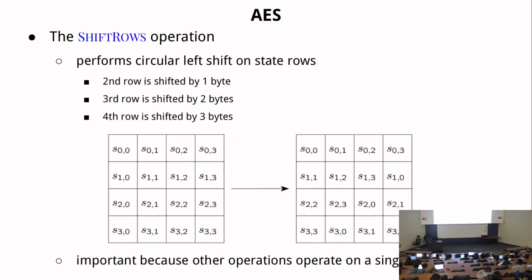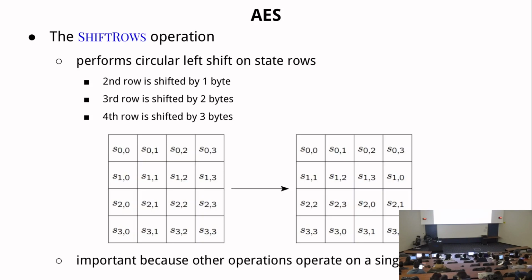What is different from DES is that AES has this shift rows operation. So let's say this is the input of shift rows. We have the 4x4 matrix here. In the first row, we're not going to shift anything. The second row, we're going to left shift 1 byte.